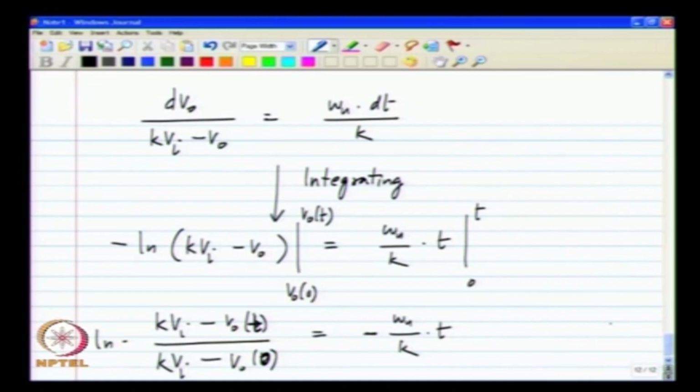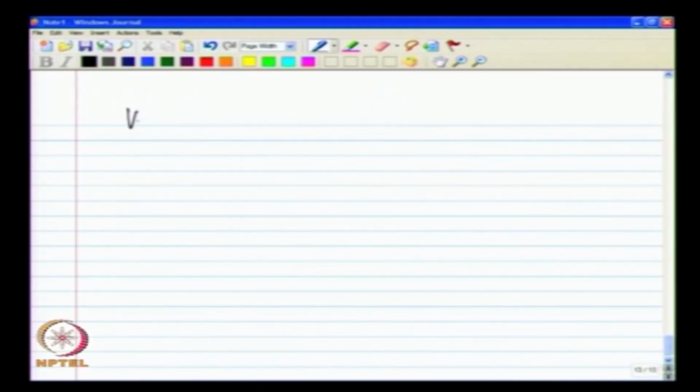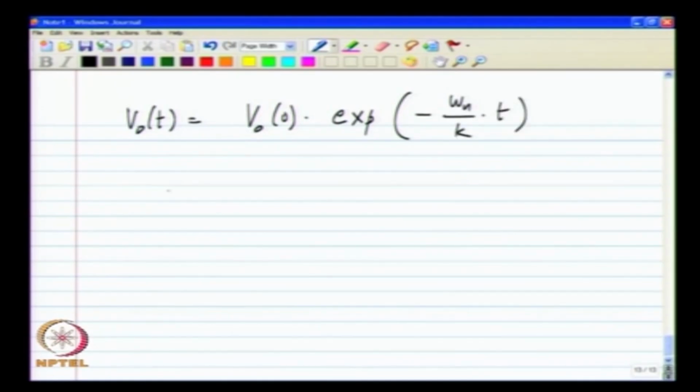So, if I rearrange the terms of this equation, I will get V naught of t to be V naught of 0 times exponential of minus omega u by k times t plus k times V I times 1 minus exponential of minus omega u by k times t.